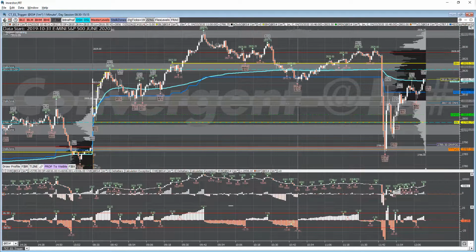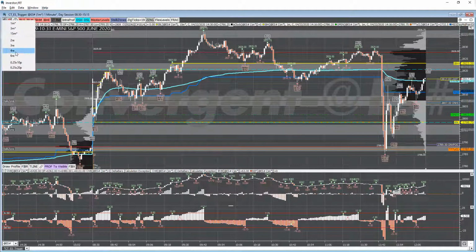A question that I have to ask you is, for example, see this move right here from 28.27 to the low, 27.86. It's 3 1-minute bars. But there's a lot of information in there. Now let's pay attention to this move from 28.27 down to the low on a 4-tick Renko.